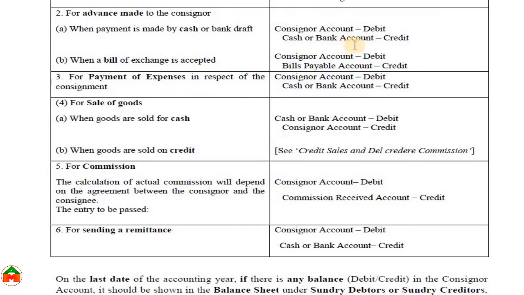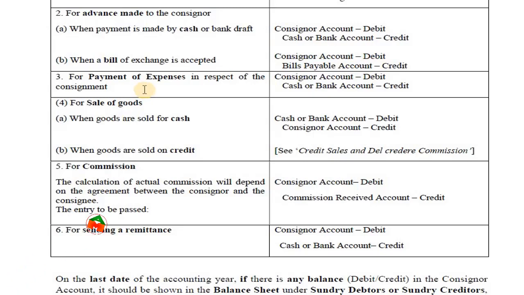Whenever the consignee provides any advance payment after receiving the products, the journal is consignor account debit and cash or bank account credit. But instead of cash, if the consignee issues a bill as an advance payment, then the journal is somewhat the same as above, consignor account debit and bills payable credit.